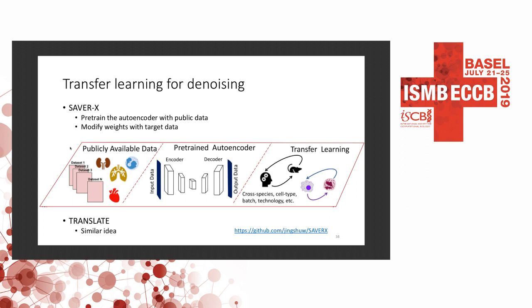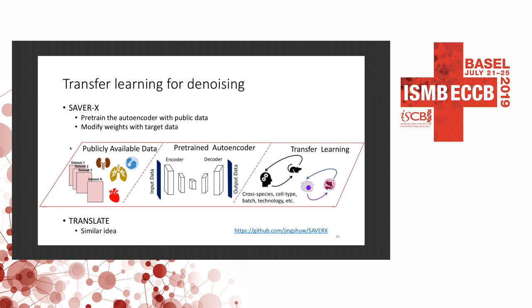It's very easy. Remember that we have an autoencoder that has millions of parameters. And if we just have hundreds of cells, it's hard to train them. But I can collect publicly available data that has similar cell types. For example, I have the immune cells in the kidney tissue example.